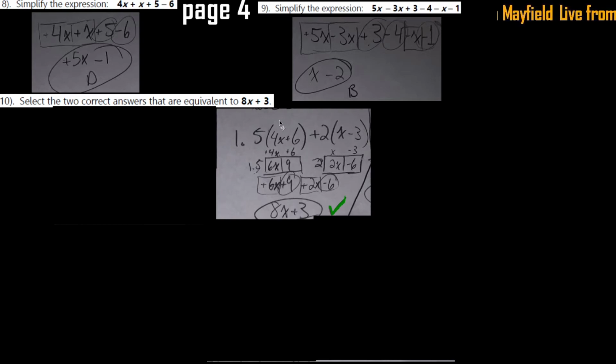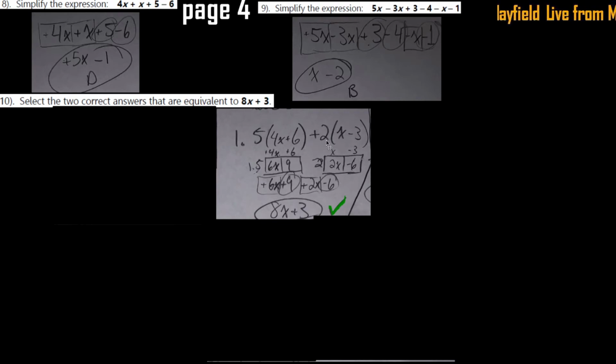It has 1.5 times 4x, that's 6x. And then we have 1.5 times 6 is 9. Again, write it below as part of the whole expression. I do 2 times x is 2x. And I do 2 times negative 3, which is negative 6.